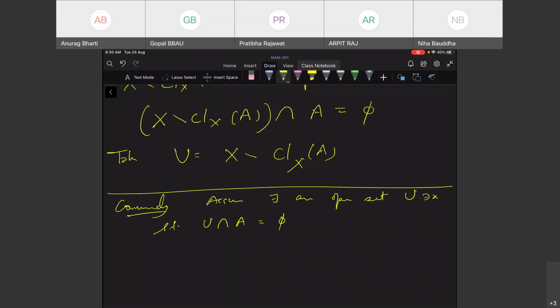Since U contains X and U is open, let me draw this figure. Suppose this whole thing is X. Now we have two sets U and A. Say this yellow thing is U, and we have a set A which is disjoint from U. So this is A. These two are disjoint.